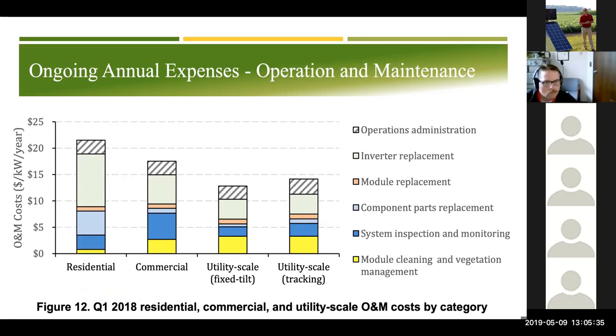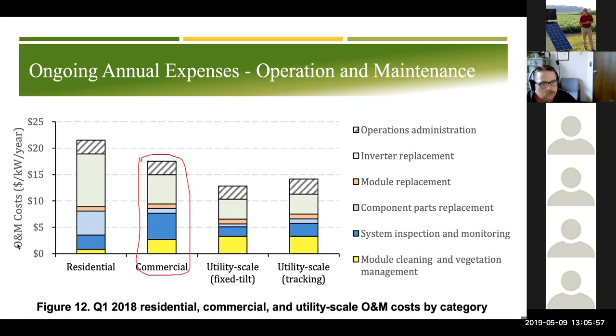All right, so we're going to talk about the operations and maintenance expenses at this point. One of the things we've done a lot of is focus on putting a dollar value based on the system size, and again, we're focusing on this commercial system.